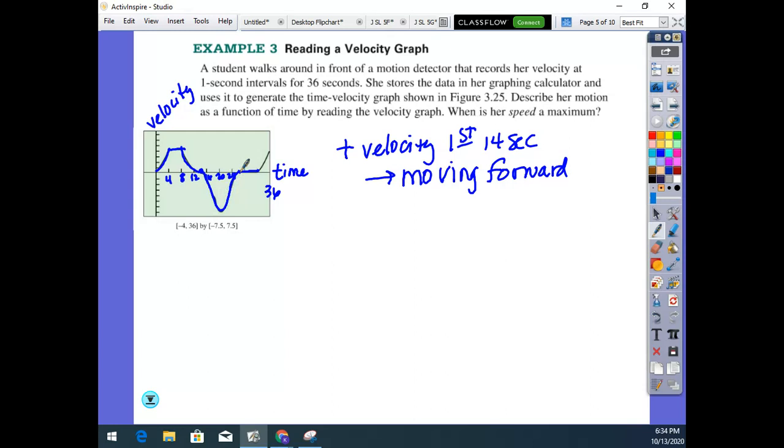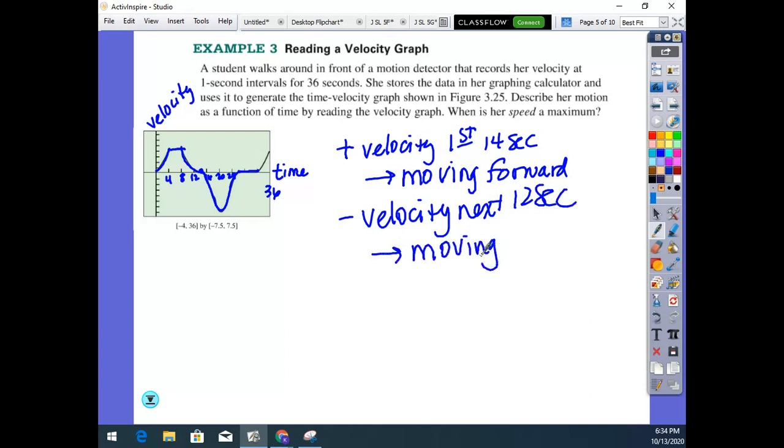So for the next 12 seconds there's a negative velocity, which means she is moving backwards or to the left. Sometimes backwards or left. It makes more sense that she's moving left.